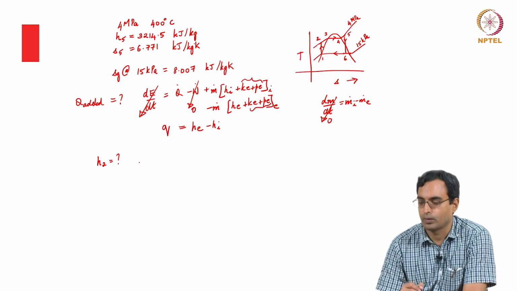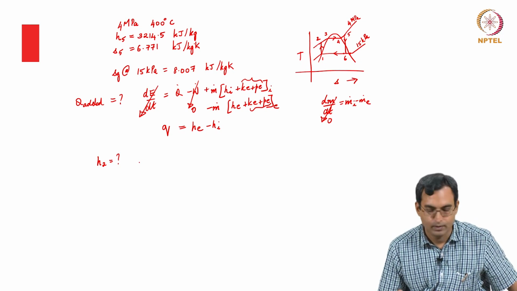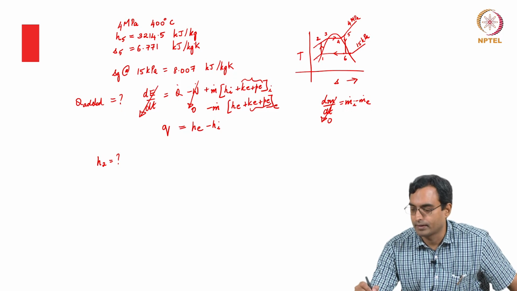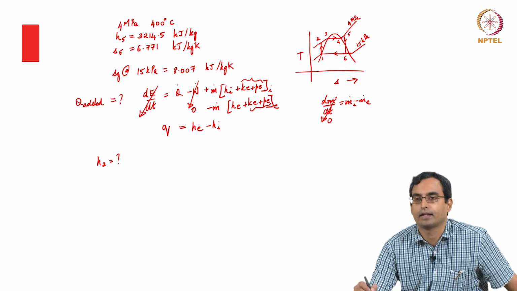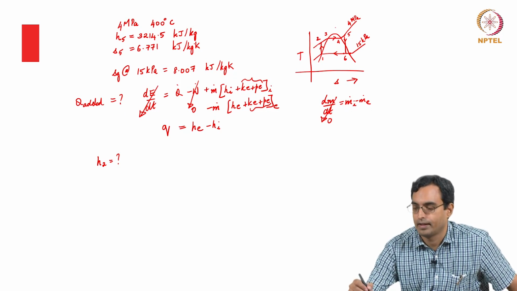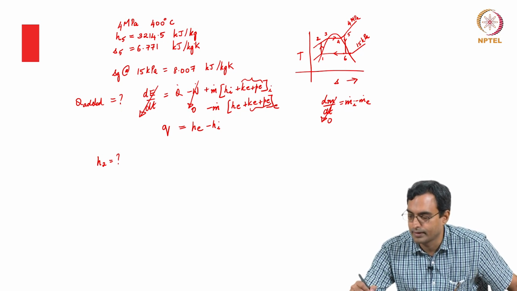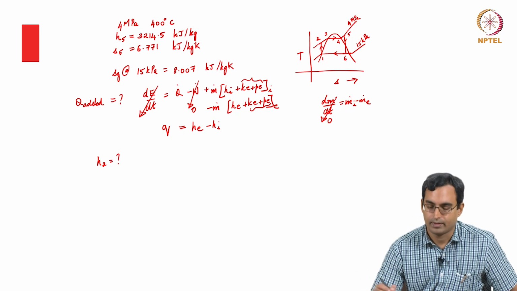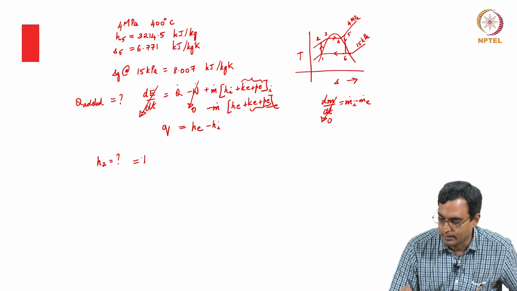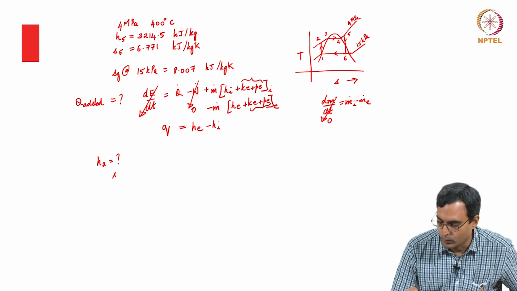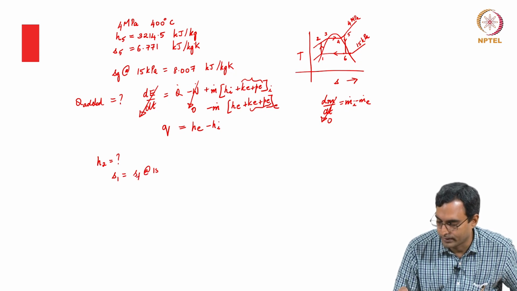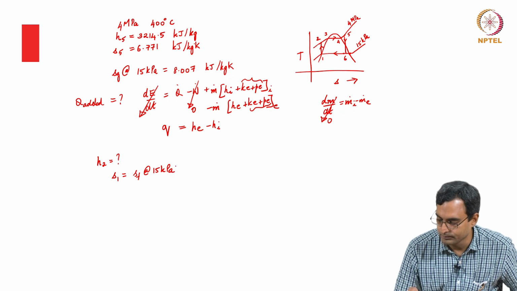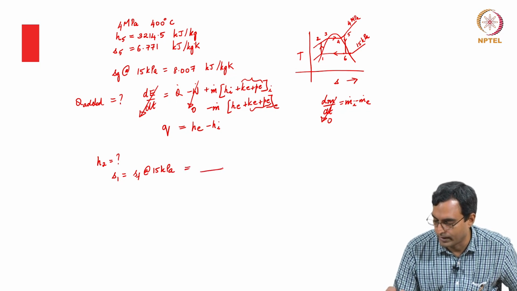So, let me find out what is the entropy at 1. At 1 I am on the 15 kilopascal line at the saturated liquid intersection point. So, I am looking at the intersection of this dome with this 15 kilopascal line. So, essentially S1 is equal to Sf at 15 kilopascal. I can find out this value.